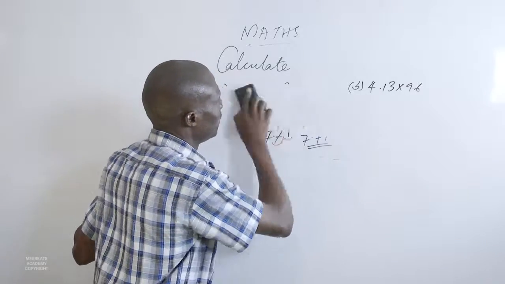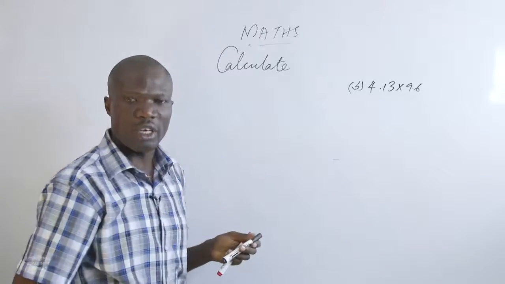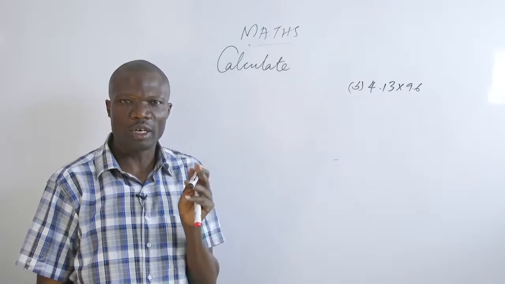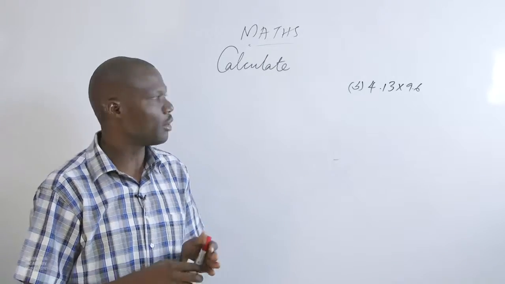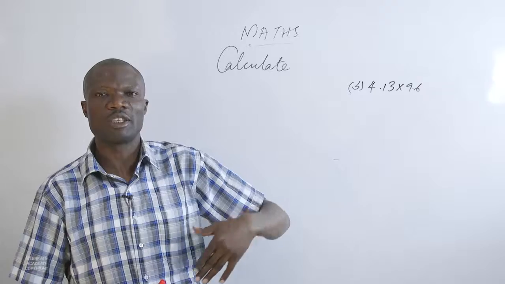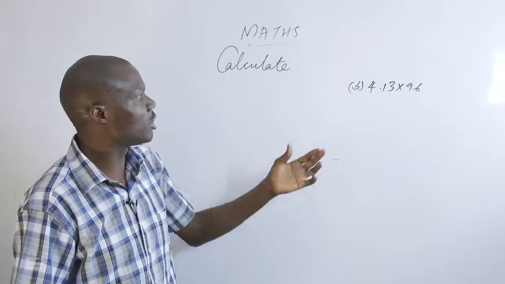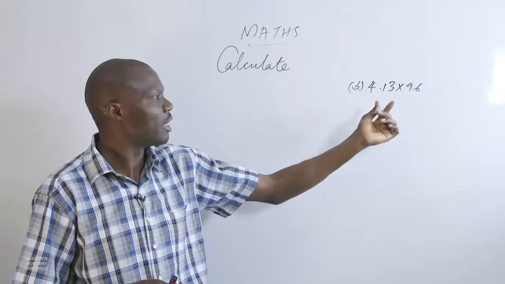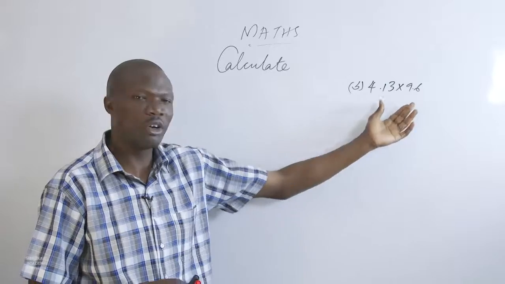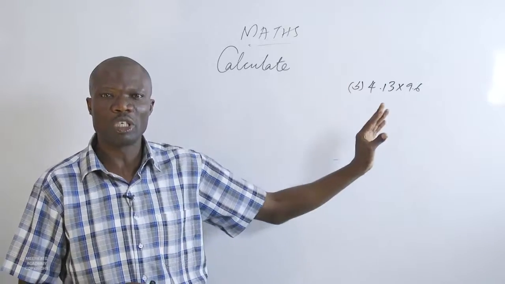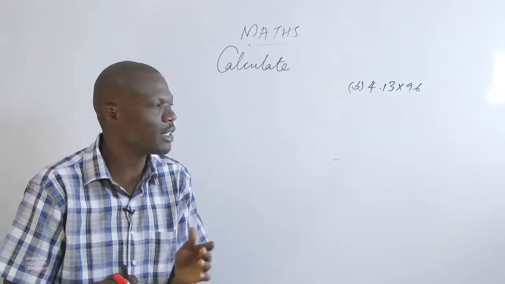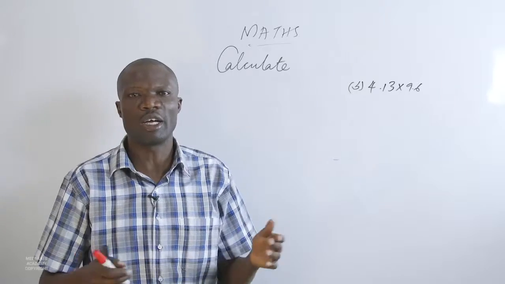The other side, we are trying to multiply a decimal and a decimal. I said earlier on, when you are multiplying two decimals, in mathematics, it is normally not encouraged to maintain the position of the decimal point, but instead we ignore the decimal points, we multiply the numbers, and then we come to the answer and count the number of decimal places that the multipliers were adding up to.